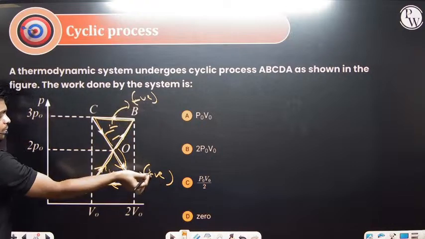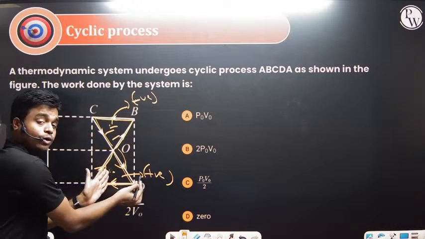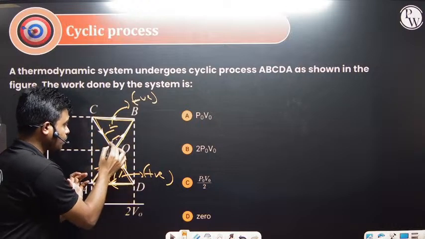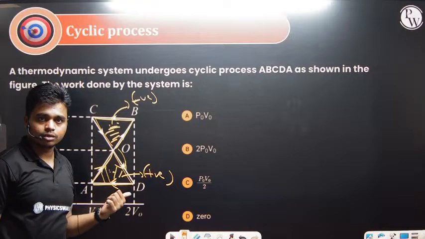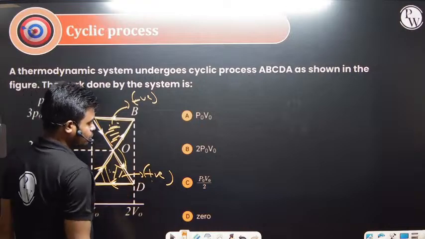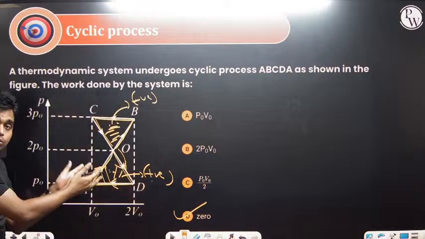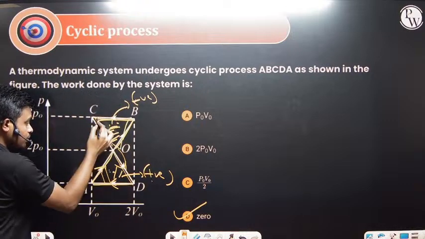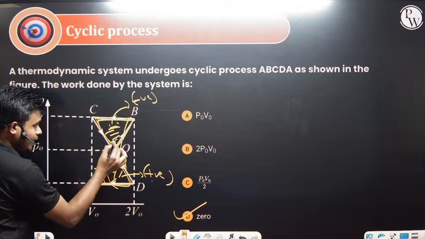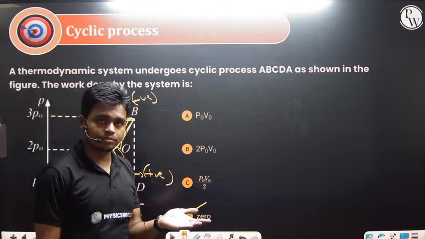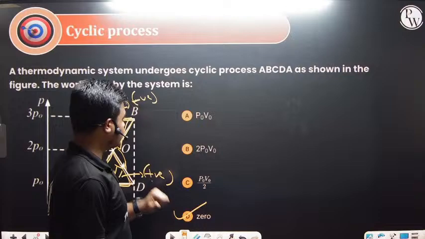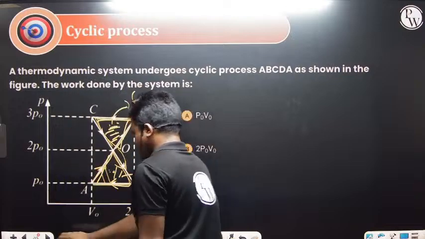Because this triangle and this triangle have equal and opposite areas, this one is positive, this one is negative. So what is total work done? It will be 0. Clear? Even though the question looks a little different, we just have to focus on the area. This area and this area will both be the same, the first one positive, the second one negative.